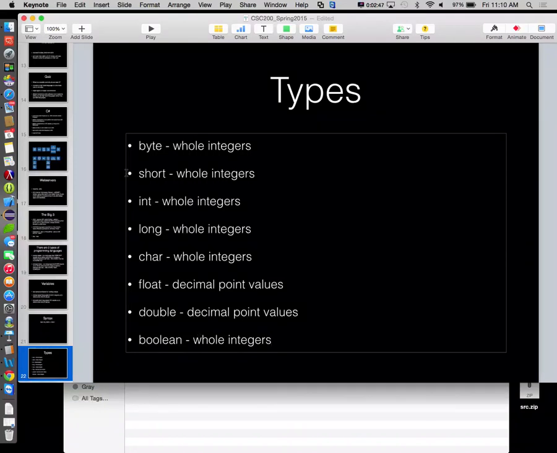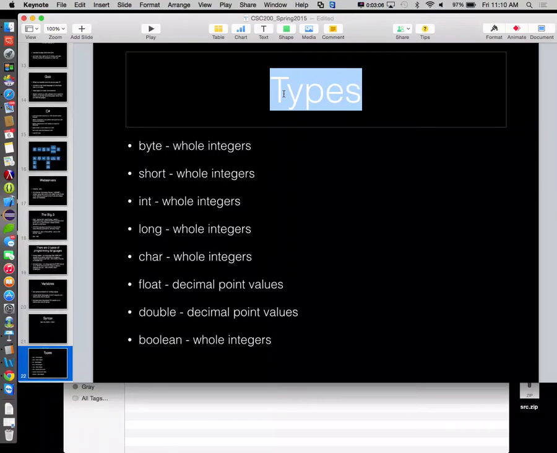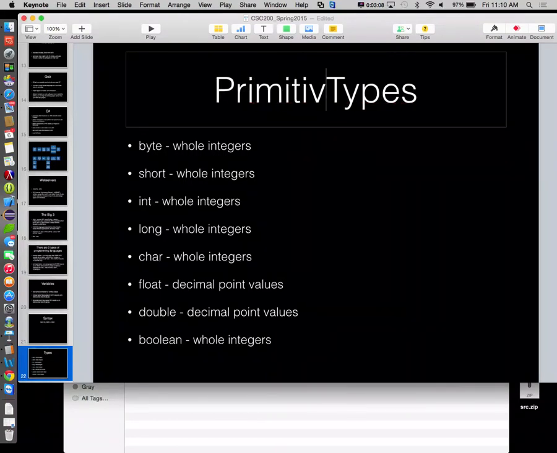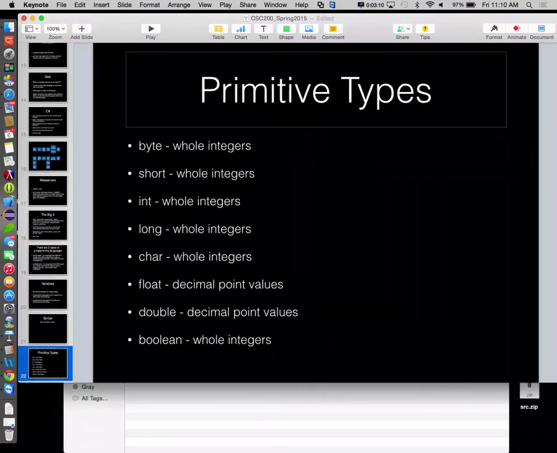All right, so these are the types of variables, the types of containers we have in our modern programming languages. These are the types that are built into our modern programming languages. So I'm going to actually expand on this word types up here and say this is our primitive types.